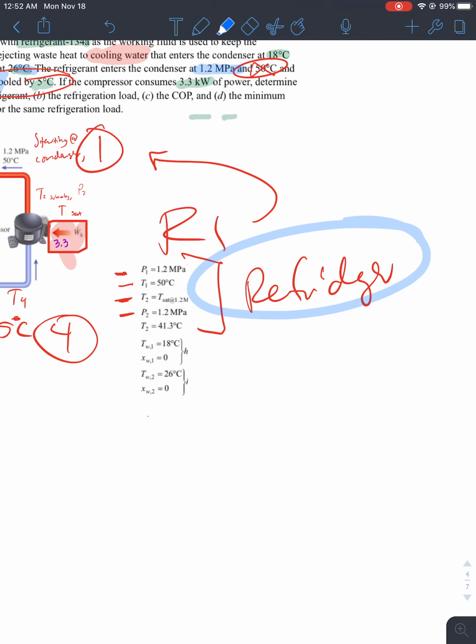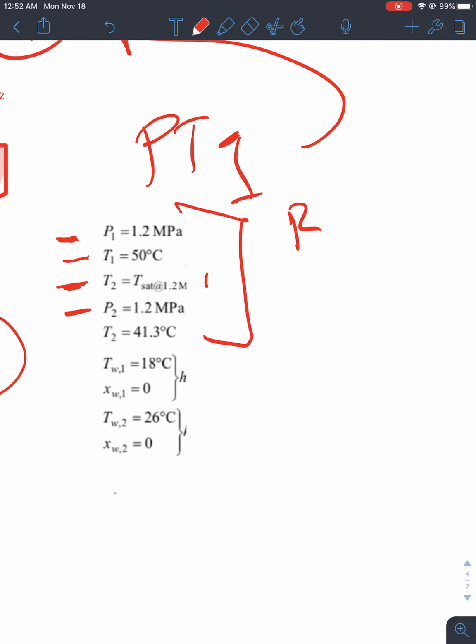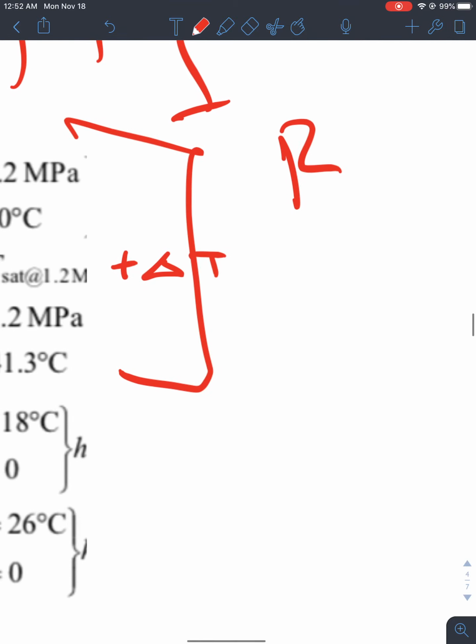So we already know this is the refrigerant section. Let's write that down as region 0.1, point number 1. T equals T saturation plus, I think it's delta T subcooled.